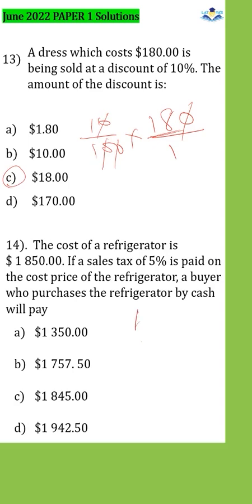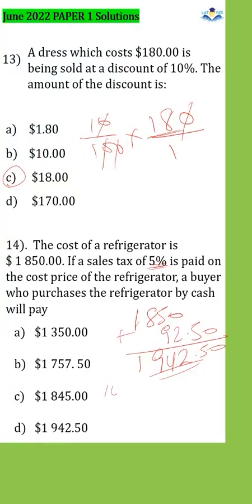And we can add 1,850 and our $92.50, and that's going to give us a total of $1,942.50.